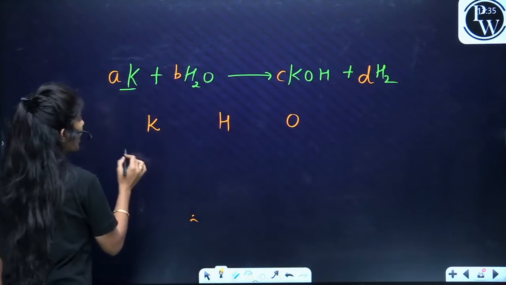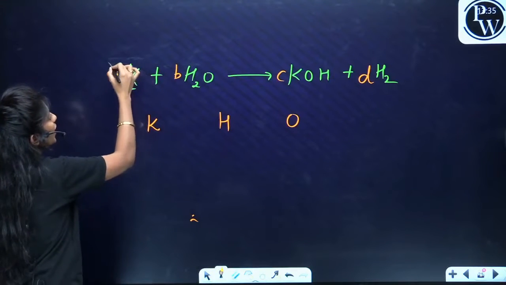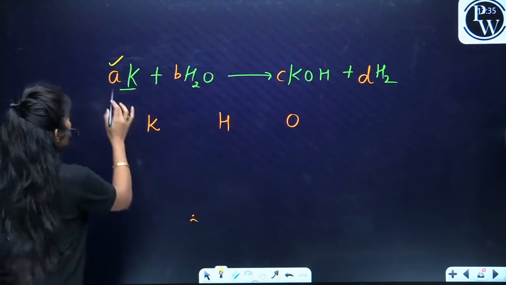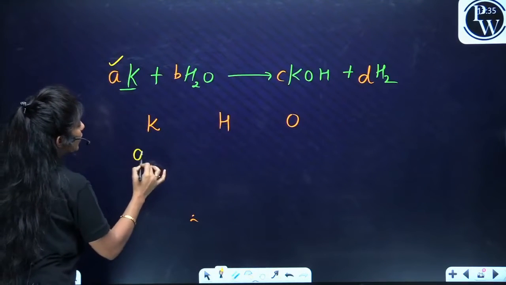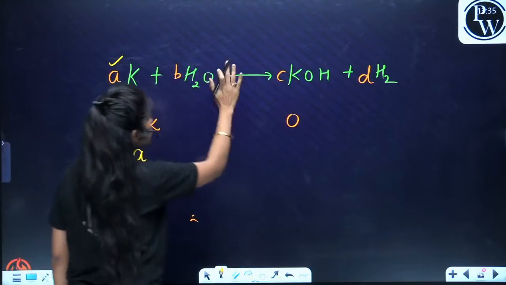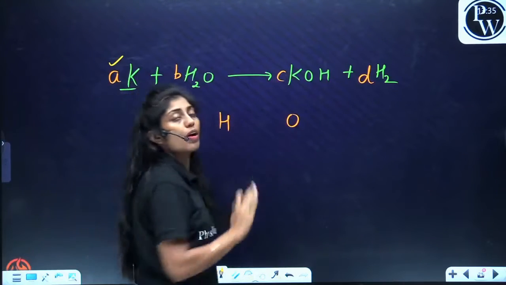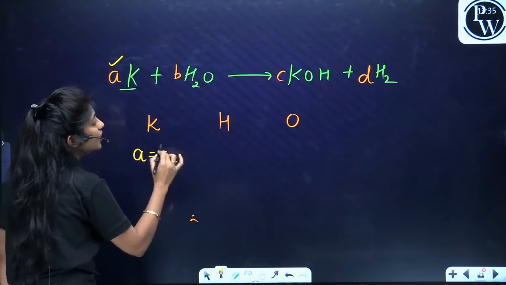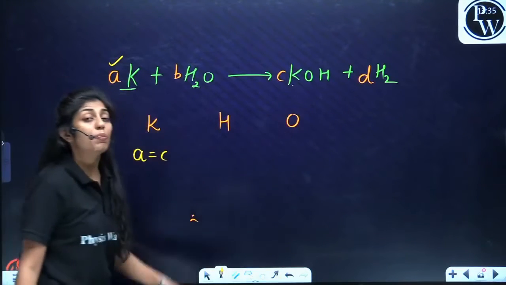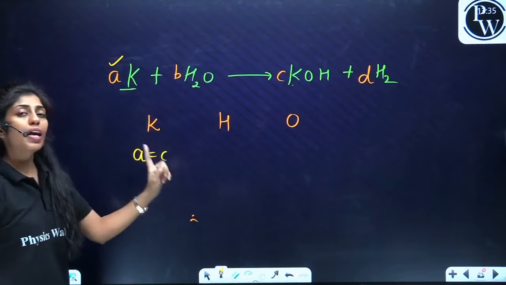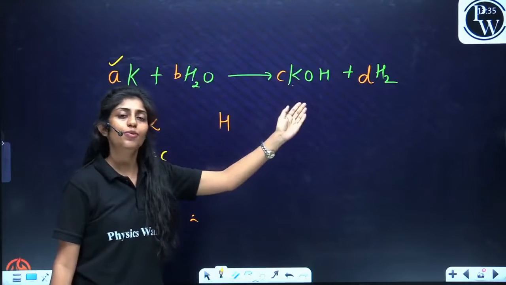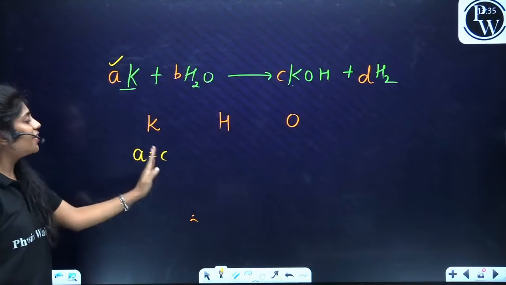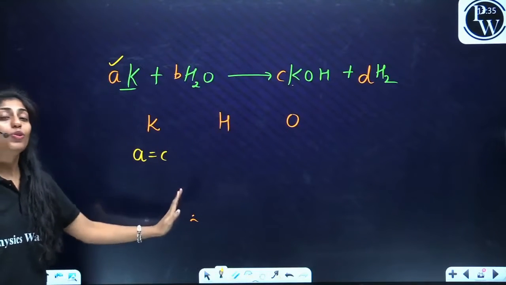So for K, suppose K is present with A and C. So with A I can write, this is A, equal to, the reactant side will be equal to the product side. So I will be writing A is equal to C. Why C? Because there is only one K present. So 1 is multiplied by the coefficient, that will be C only. 1 is multiplied by the coefficient, that will be A only. So I can write for K, A is equal to C.